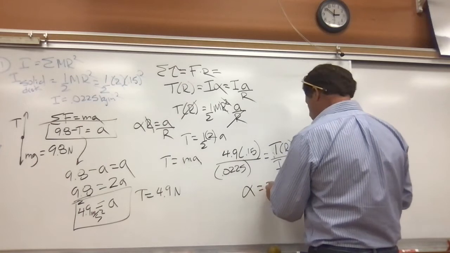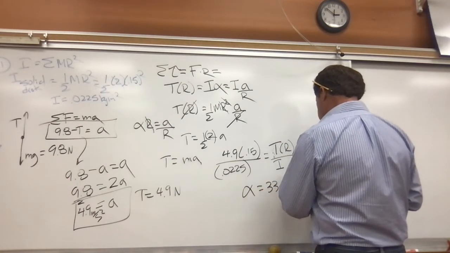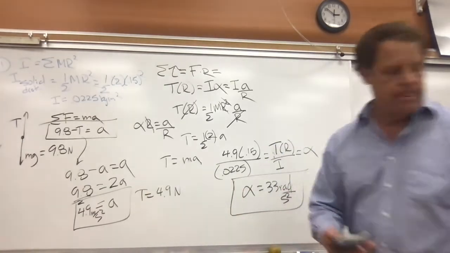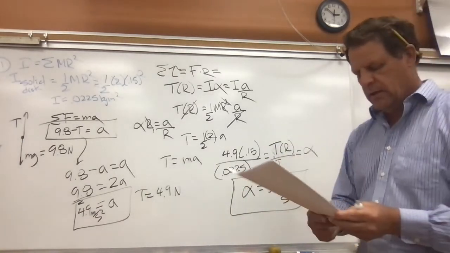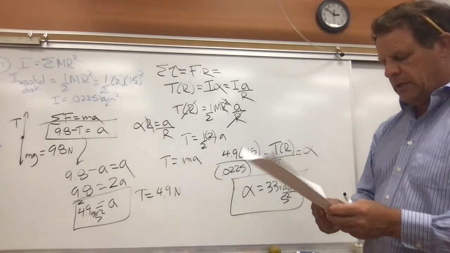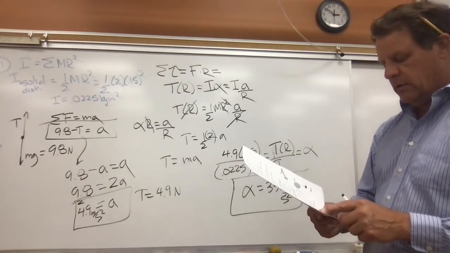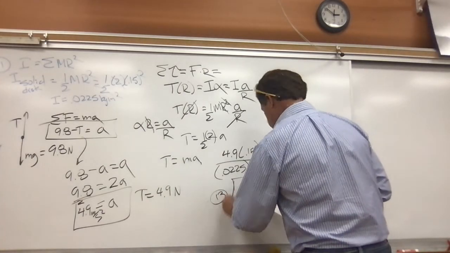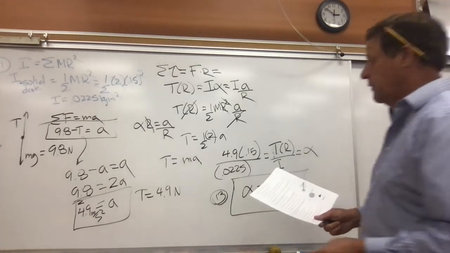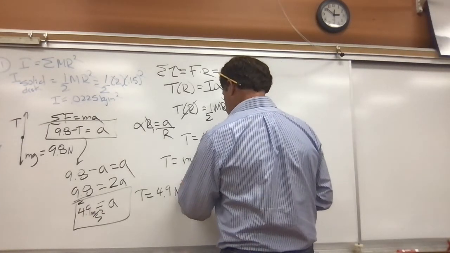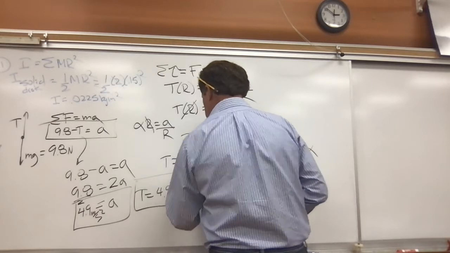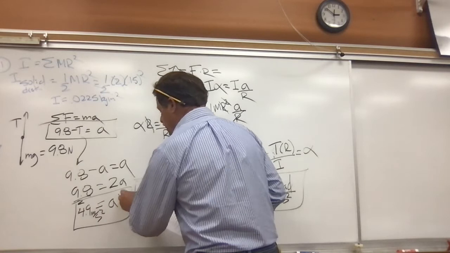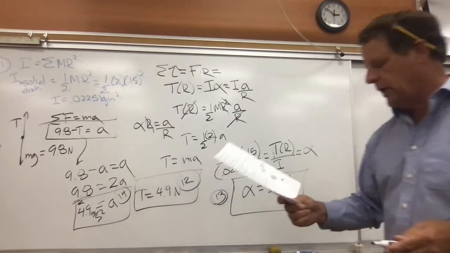So our alpha, we're going to call that 33 radians per second squared. So this is going to be number 13, and number 12 is going to be that. Number 14, actually, we already calculated that. So 14 is 4.9.